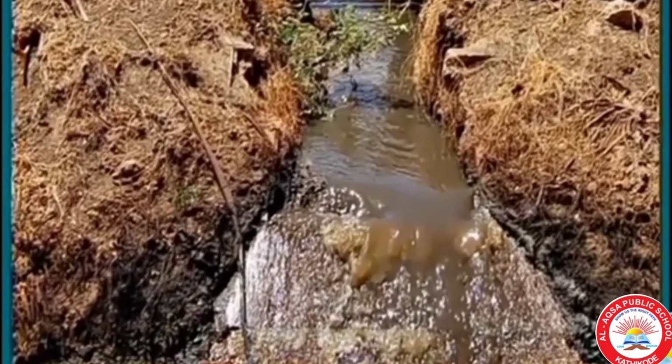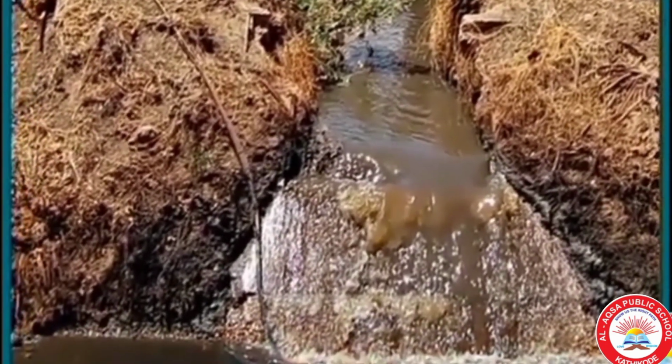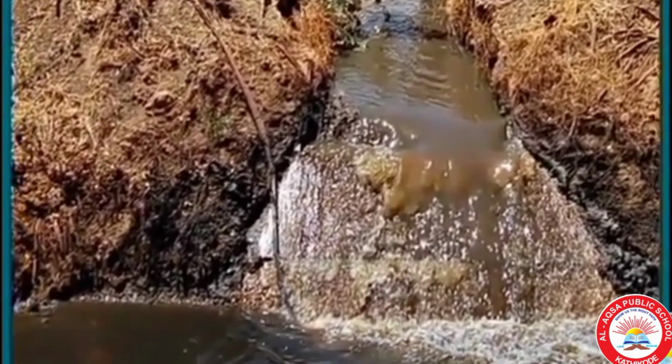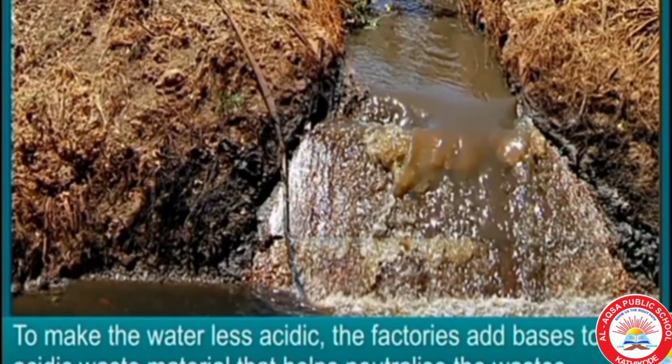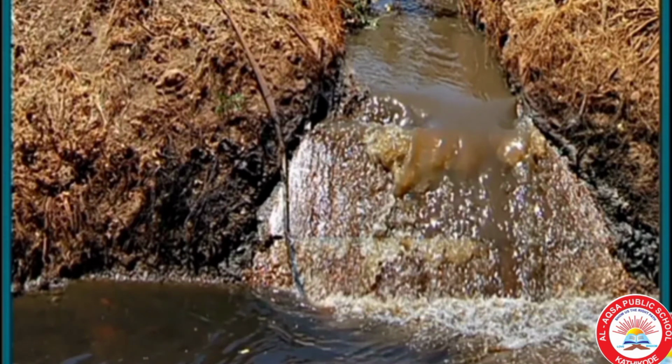So the factory waste is neutralized by adding basic substances. That base neutralizes the acid, and it will flow to our river and will not affect our aquatic organisms. The factories add bases to the acidic waste material, which helps neutralize the waste.